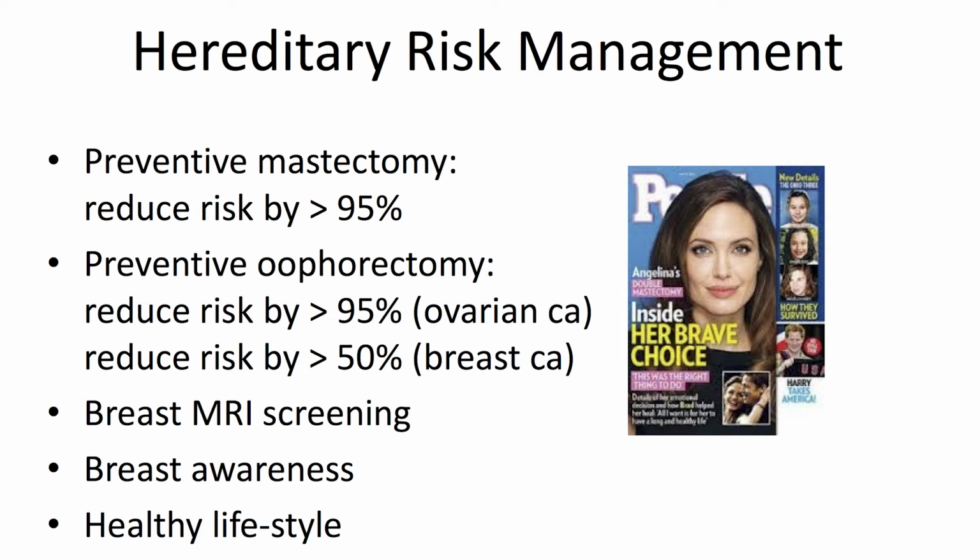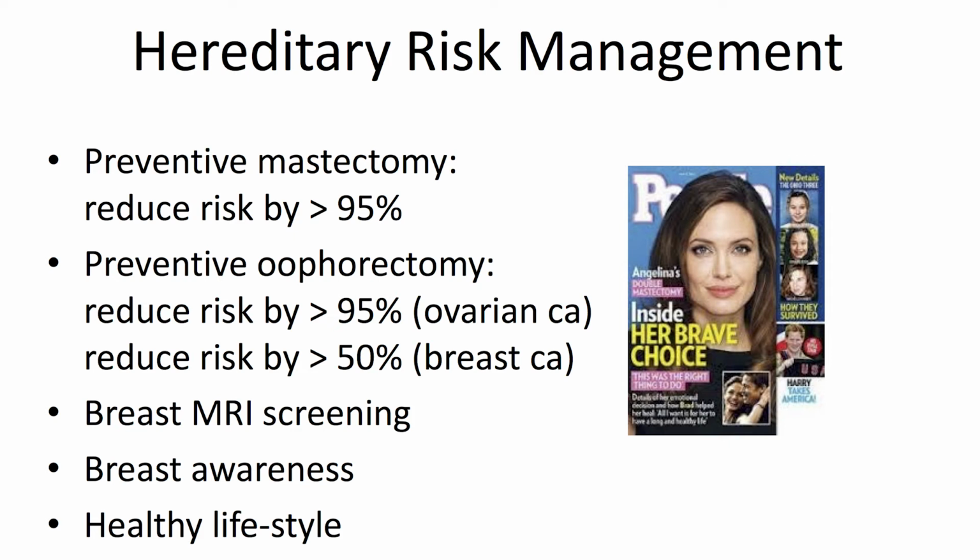So those individuals are recommended to do bilateral salpingo-oophorectomies in their late 30s, early 40s. And that reduces ovarian cancer risk by more than 95%. As a by-benefit, when bilateral oophorectomy is done in the premenopausal setting, breast cancer risk also goes down by 50%, so that's a benefit as well.